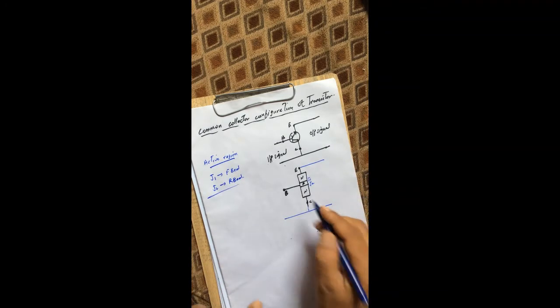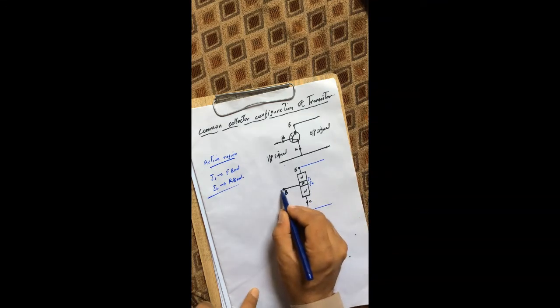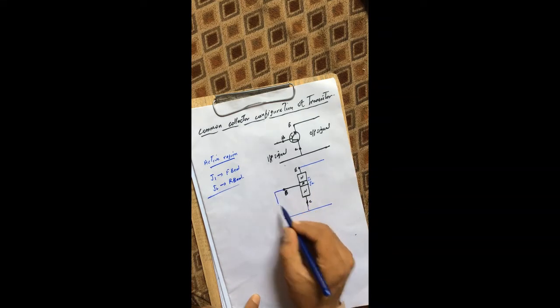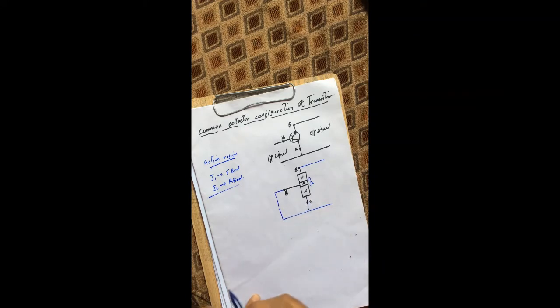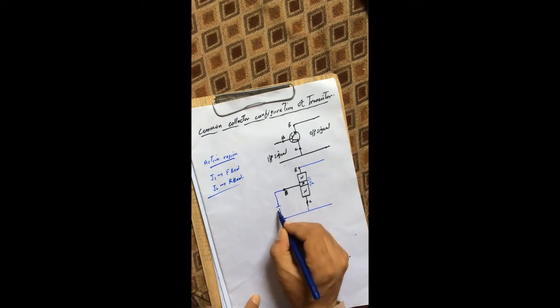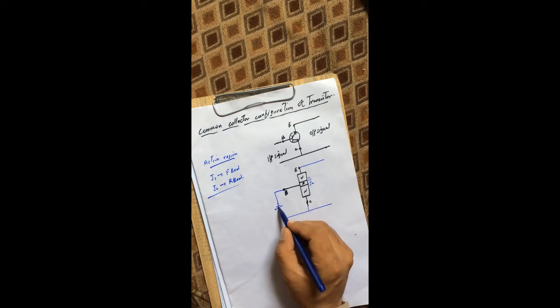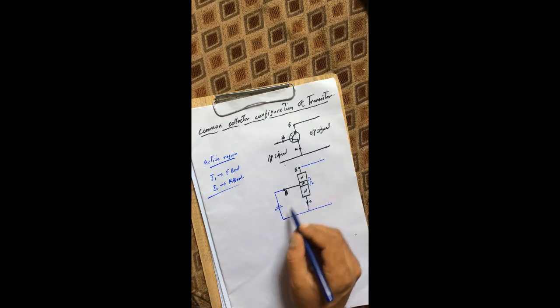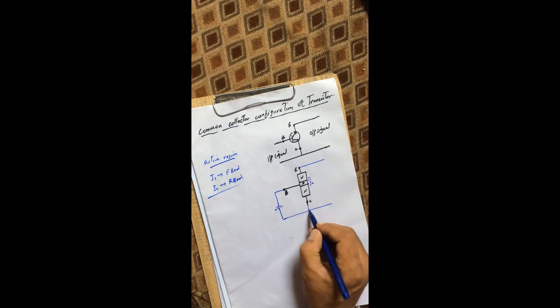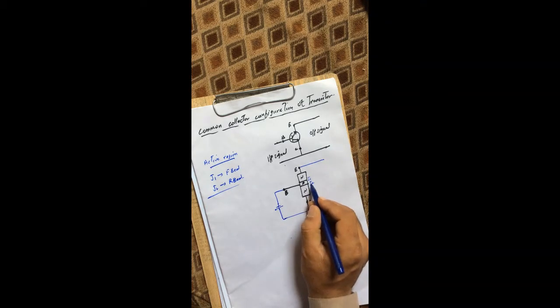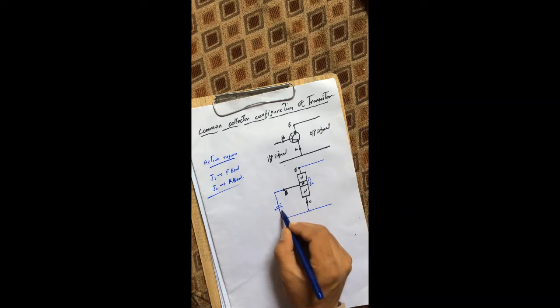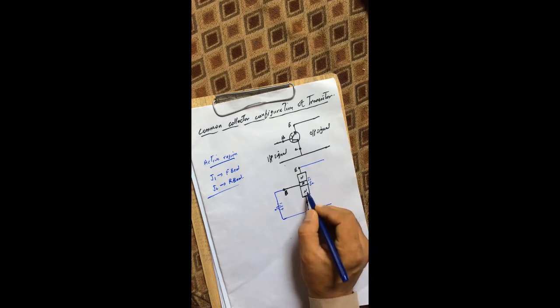To make junction J2 reverse biased, we connect a battery, with the negative terminal connected to the P region and the positive terminal connected to the N region of junction J2.